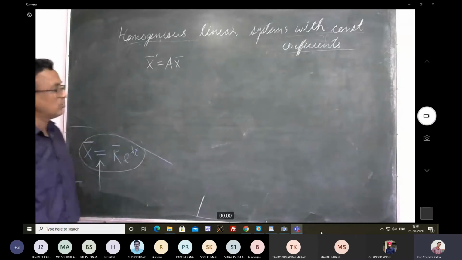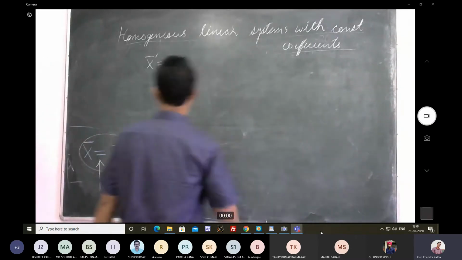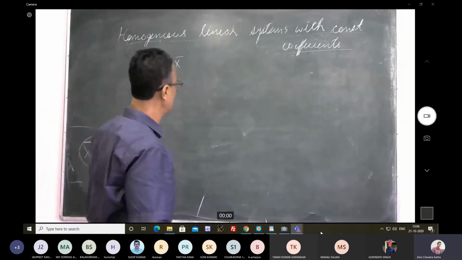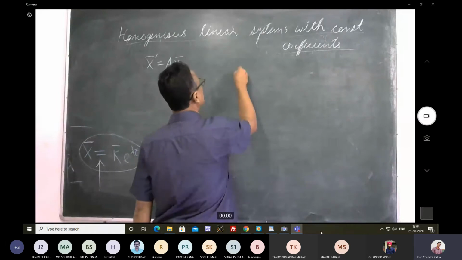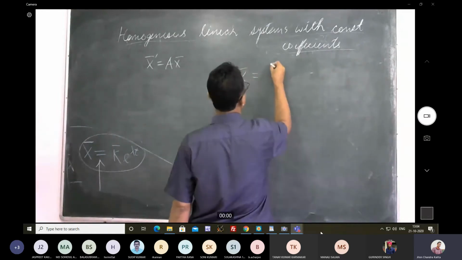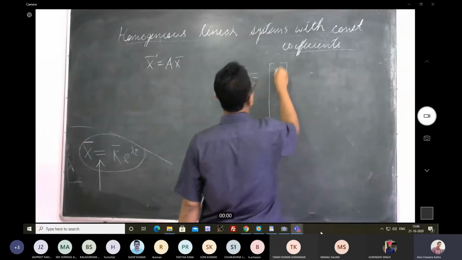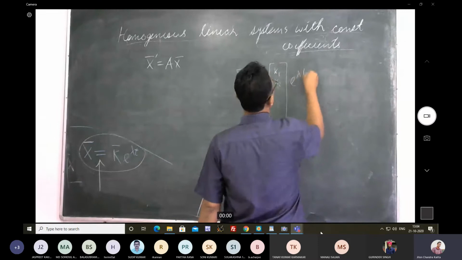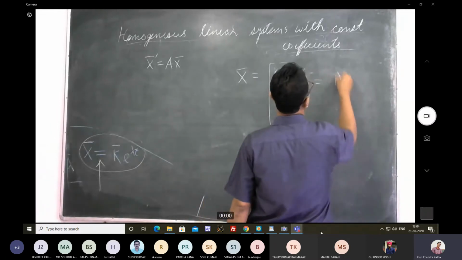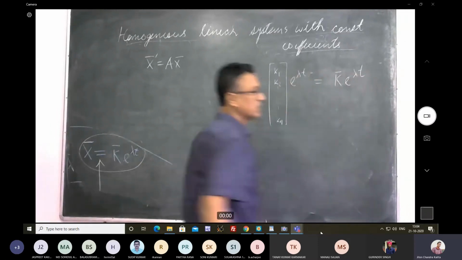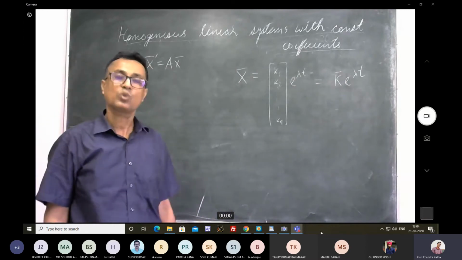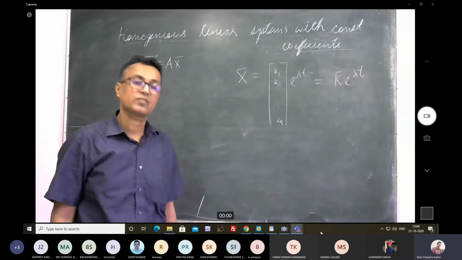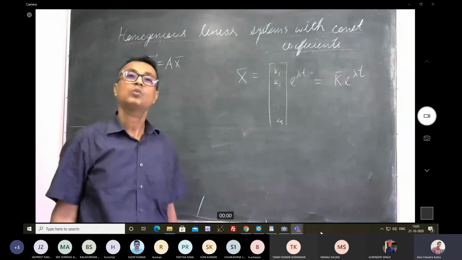So now the question is, if I consider a system of n homogeneous linear equations and take its solution as k1, k2 up to kn times e to the power lambda t, which I can write as k e to the power lambda t, whether it acts as a solution or not, and under what circumstances.